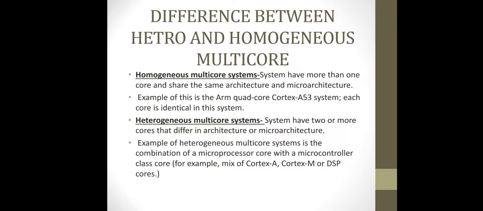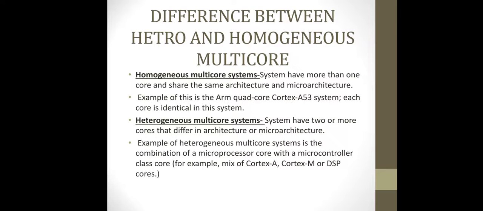Example of heterogeneous multi-core systems: here we can see the example is a combination of a microprocessor core with a microcontroller class core. For example, a mix of Cortex-A, Cortex-M or DSP cores.